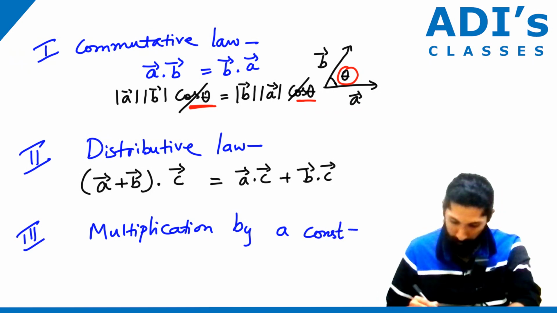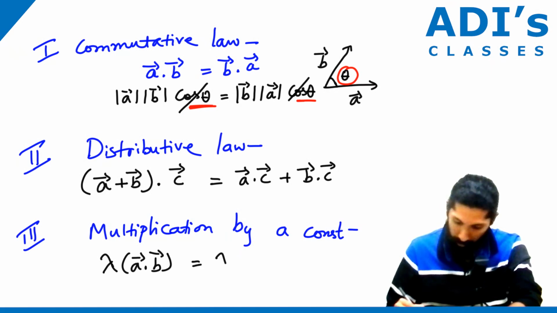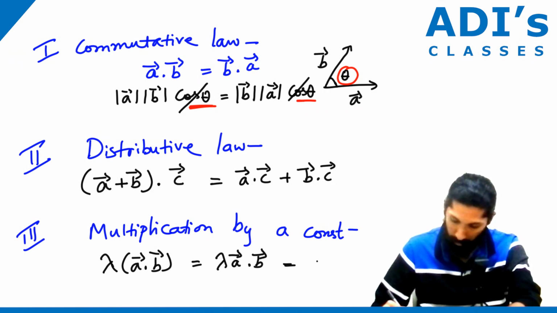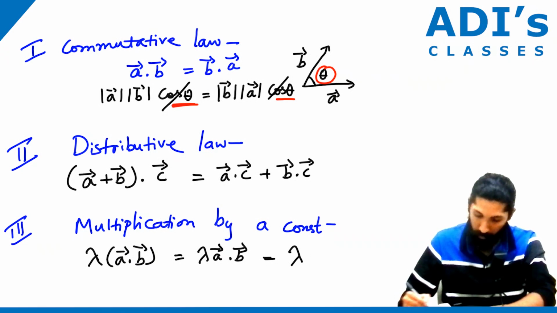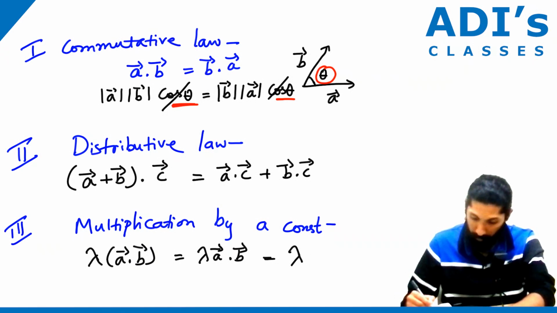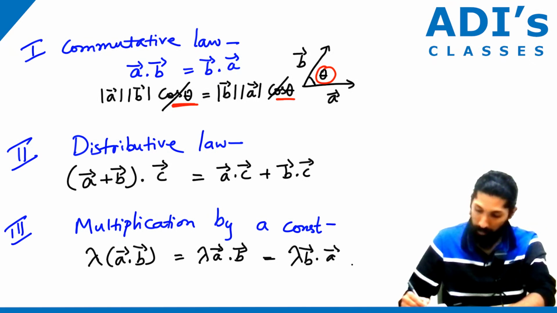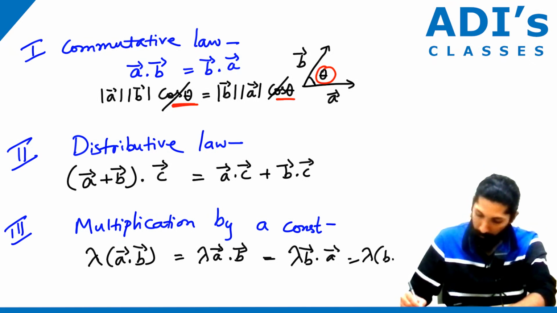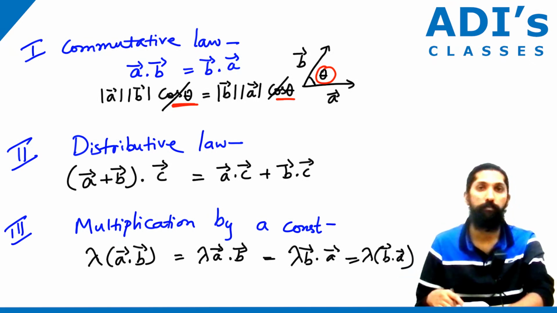Okay, now suppose you have some constant lambda into A dot B. This is equal to lambda into A dot B. You can also write this as lambda B dot A, or lambda into B dot A. They're all the same.